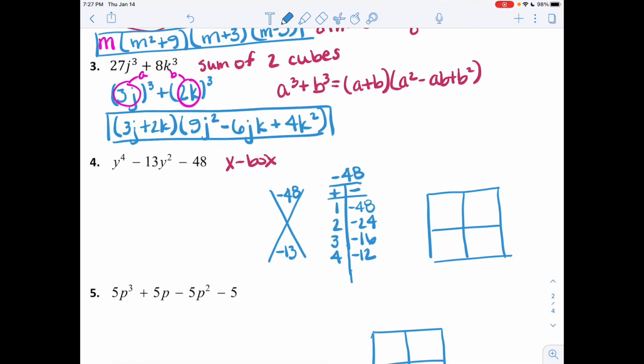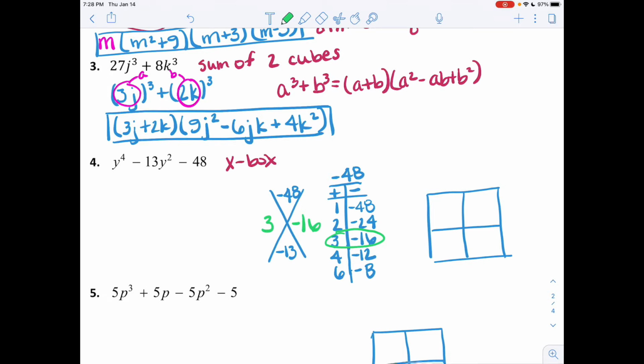The last one's going to be, let's see, 5 won't go in, but 6 will, and that'll be a negative 8. I need to figure out which of these is going to give me negative 13 when I add them, and that would be 3 and negative 16 right here. So that's what I'm going to use to solve my X puzzle.